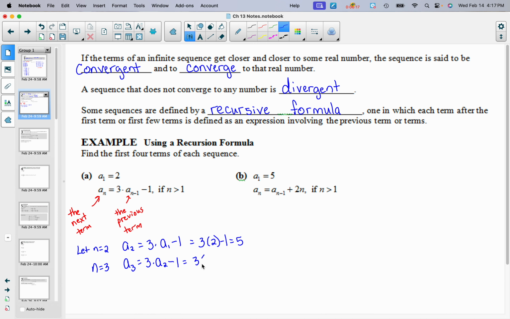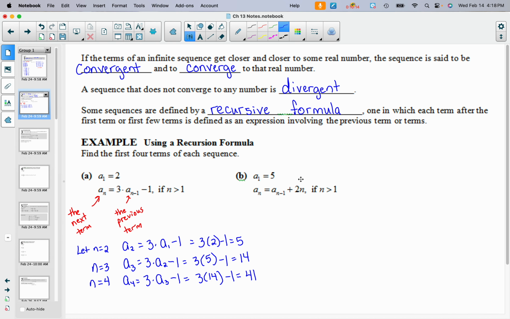My previous term was 5, so we get 14. And for the last one, to get the fourth term, I take 3 times the previous term, which is a sub 3, and subtract 1. So I get 3 times 14, and when I subtract 1, I get 41.